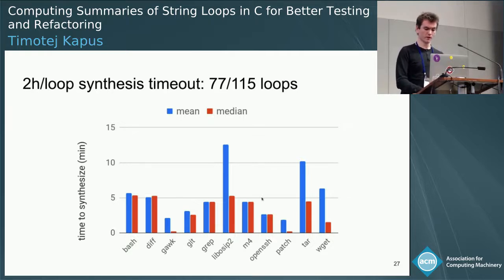But the interesting thing is that for some programs, such as libosip, the mean and the median are very different. That's because most loops are synthesized quickly, but for libosip, 1 or 2 take over an hour, and that's because they are a bit longer, as in they have more white space characters, so the programs they have to generate are longer.